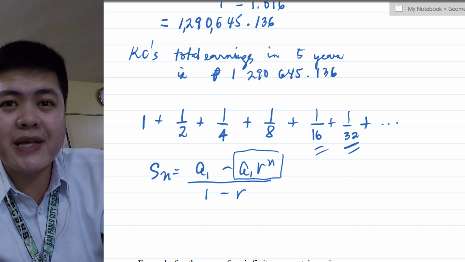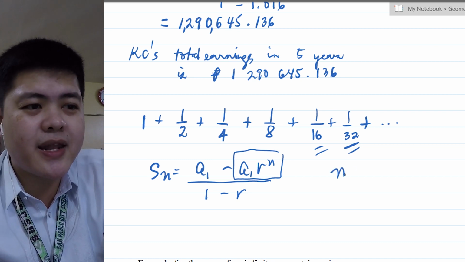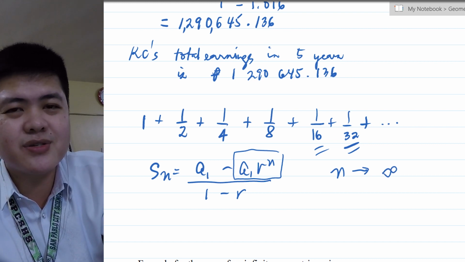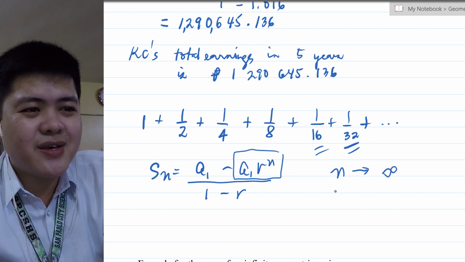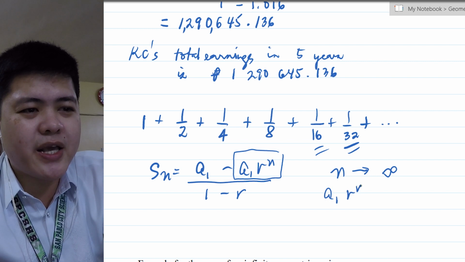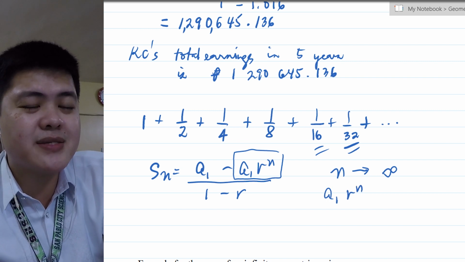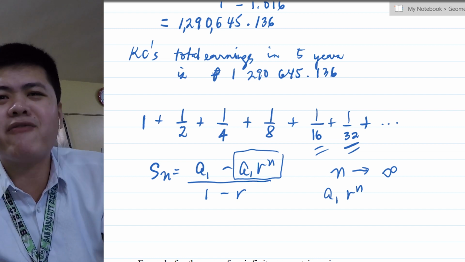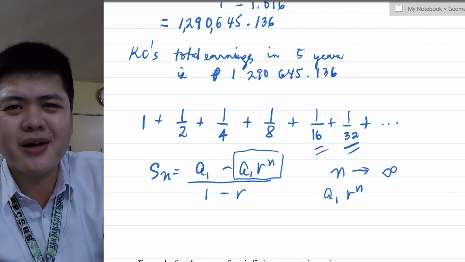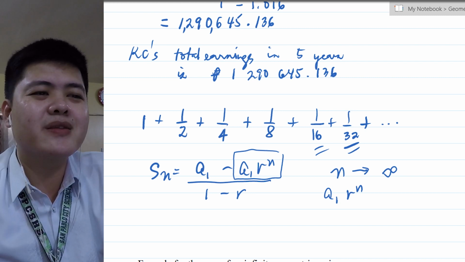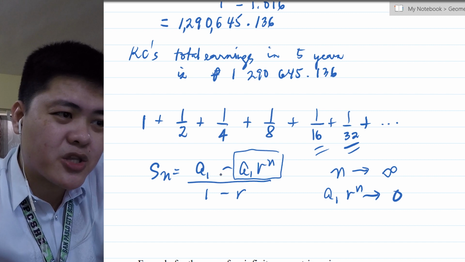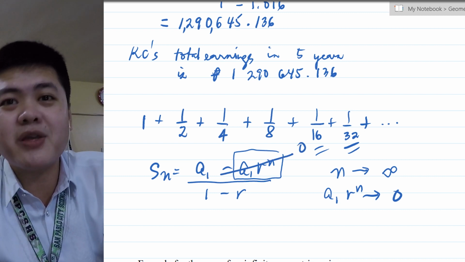So kapag multiply siya ng n, when your n becomes very, very large, infinite, what will happen? A sub 1, the first term which is 1, will be multiplied by a very, very small number. 0 na actually yung value. So this term will be approaching 0. So ibig sabihin, 0 na to. So we have a brand new formula.